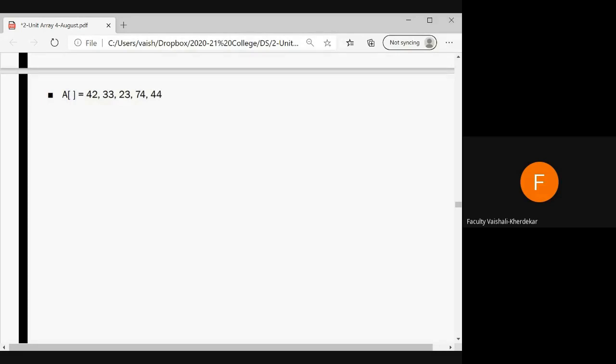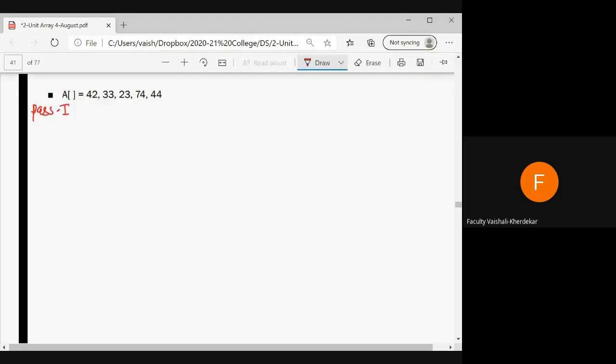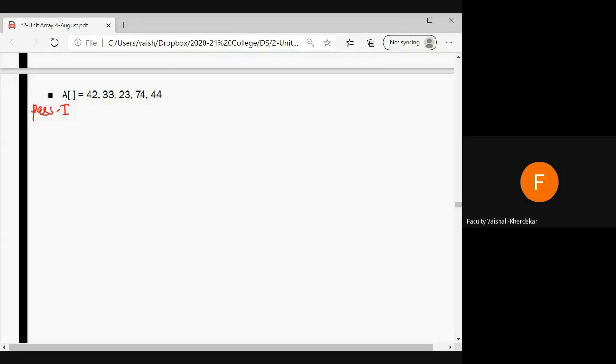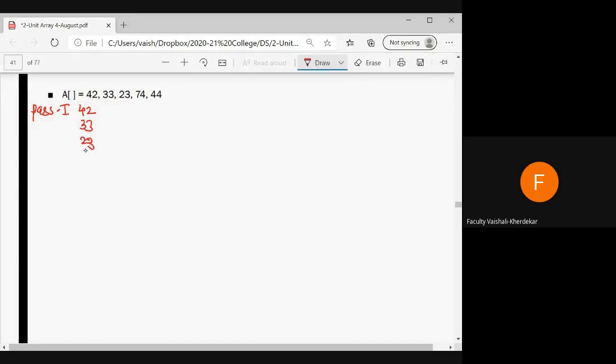Now see here. What is this bubble sort and how many passes are there in the bubble sort? First pass. In pass 1, how many elements are there? Total 5 elements. We have to arrange the numbers 42, 33, 23, 74 and 44.